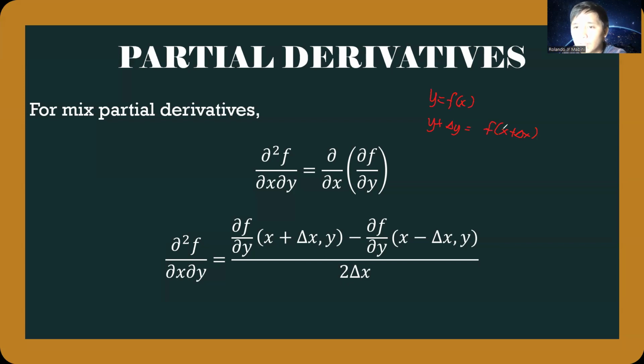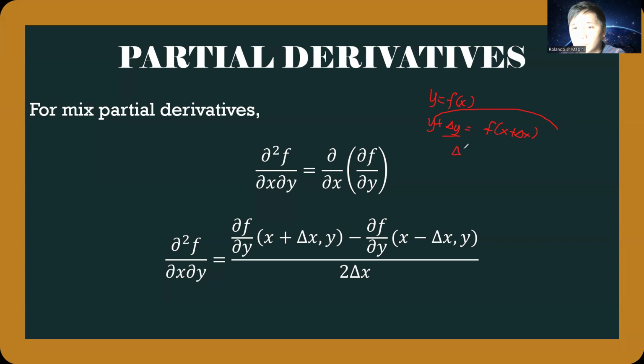So what will happen here basically is we transpose the y to the right, so that the left side will be in terms of delta y, and we know that delta is derivative or change.